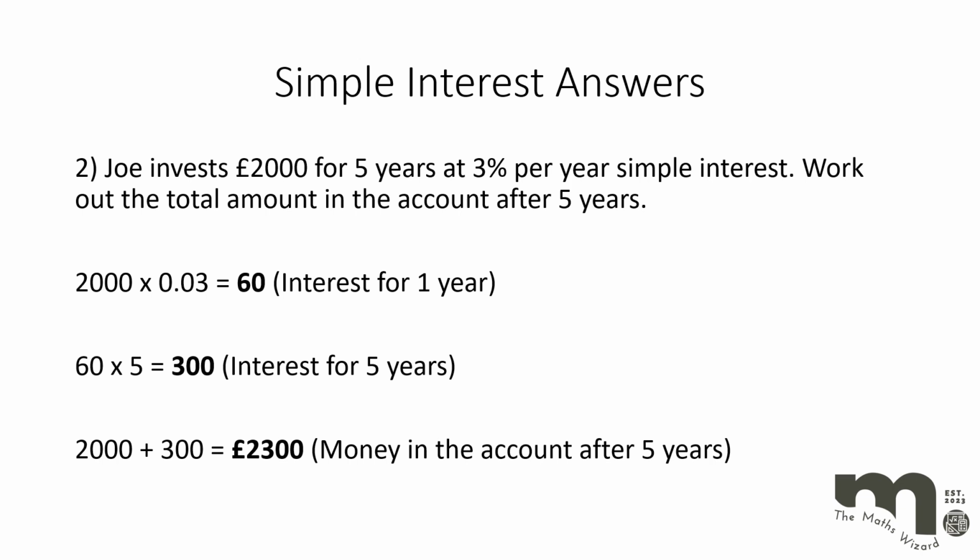So if we do 2,000 times 0.03, that'll give us £60. So that's his interest for 1 year. If we times that by 5, we'll get 300, which is his interest for 5 years. And if we add that on to 2,000, we'll get 2,300, which is how much money he has in the bank account after 5 years.